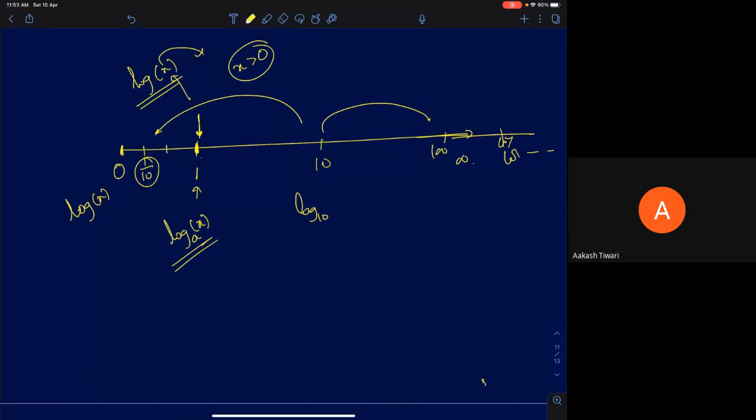In the same way, if I start from 1 and move in this direction, I will hop from 1 by 10, 1 by 100 and so on. Of course it's going to take a much longer time to reach infinity. What I'm trying to tell you is that you will take the same time to reach 0 if you start from 1 and hop this way.